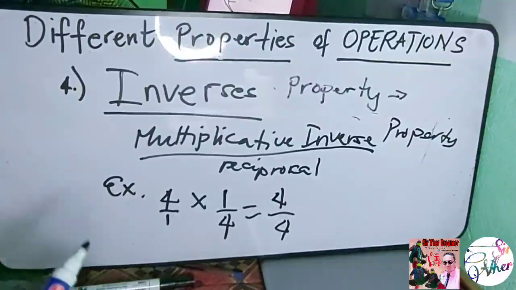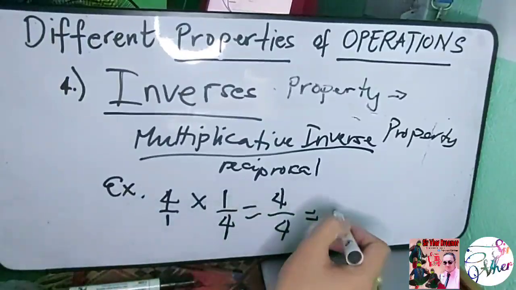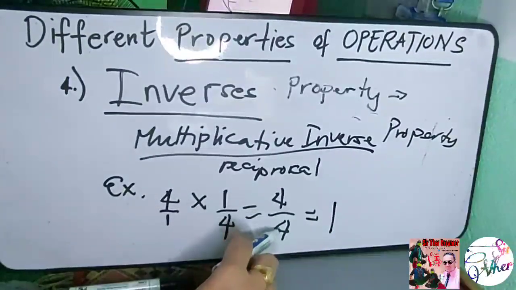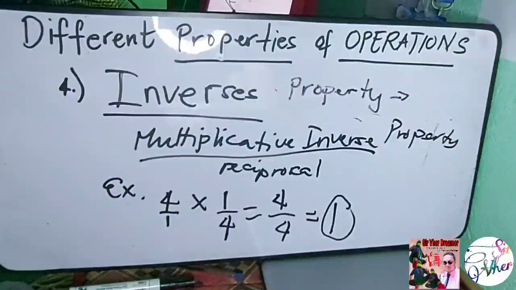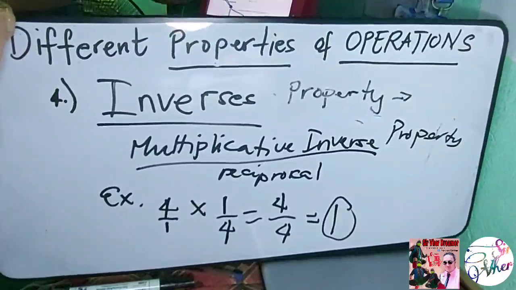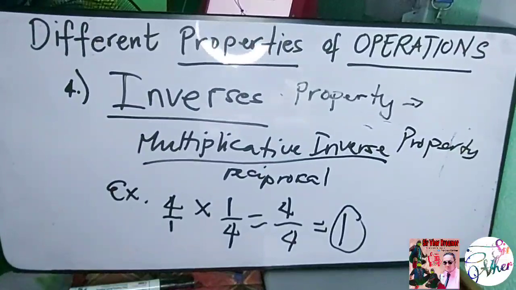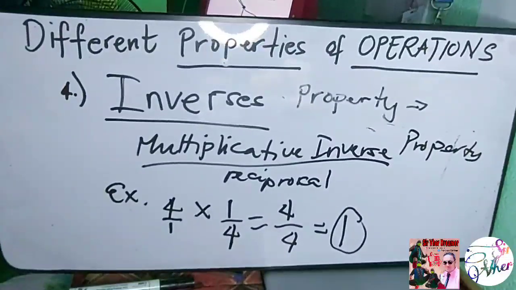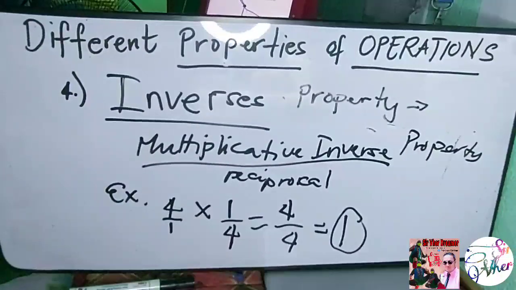If the numerator and denominator are the same, the answer is always 1, because 4 divided by 4 is 1. That is the multiplicative inverse property. Did you get it? So those are the 5 different properties of operation.